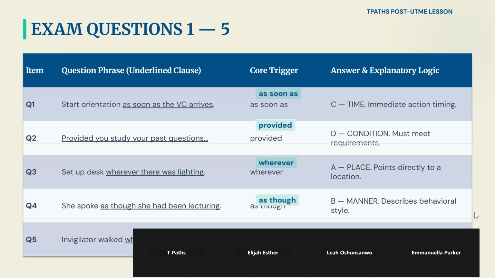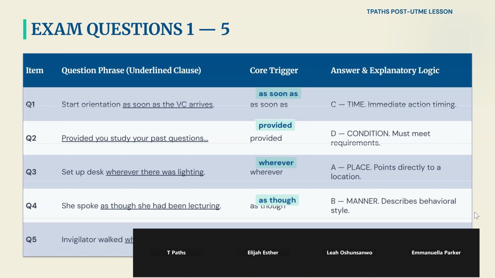It answers the time. You have to keep that at the back of your head: what question is this answering? "Start orientation as soon as the VC arrives." It talks about the time, the immediate action timing. So that's it. You can see these questions are a piece of cake if you understand all the rules I've explained.